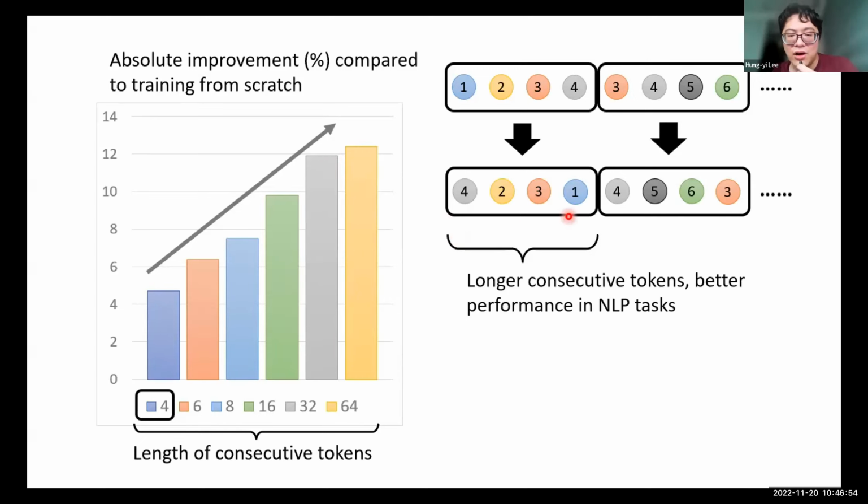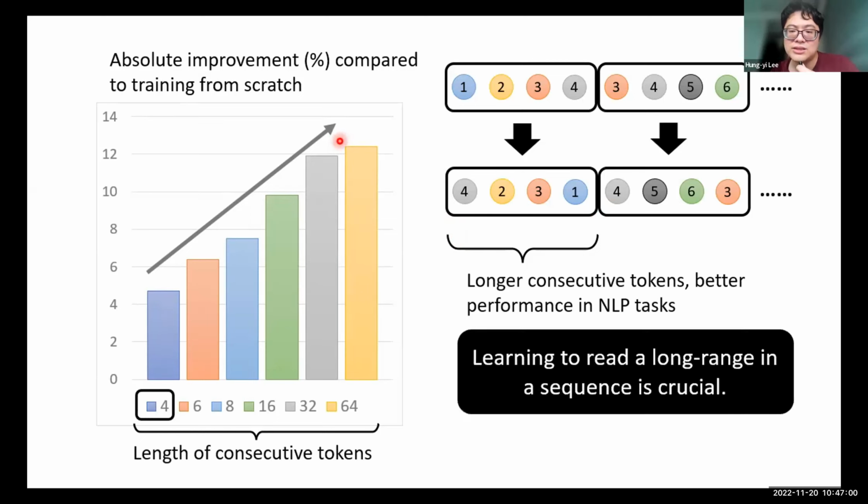So if you have longer consecutive tokens, the pre-training will become more powerful. This shows that learning to read a long range in a sequence is crucial. If the model can learn to read a longer range in an input sequence, then it becomes more powerful in downstream NLP tasks.